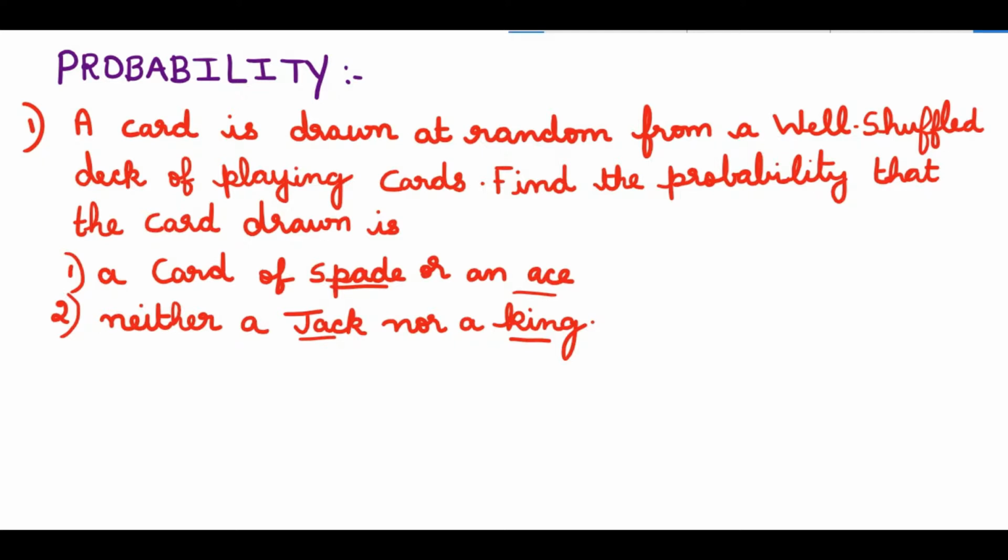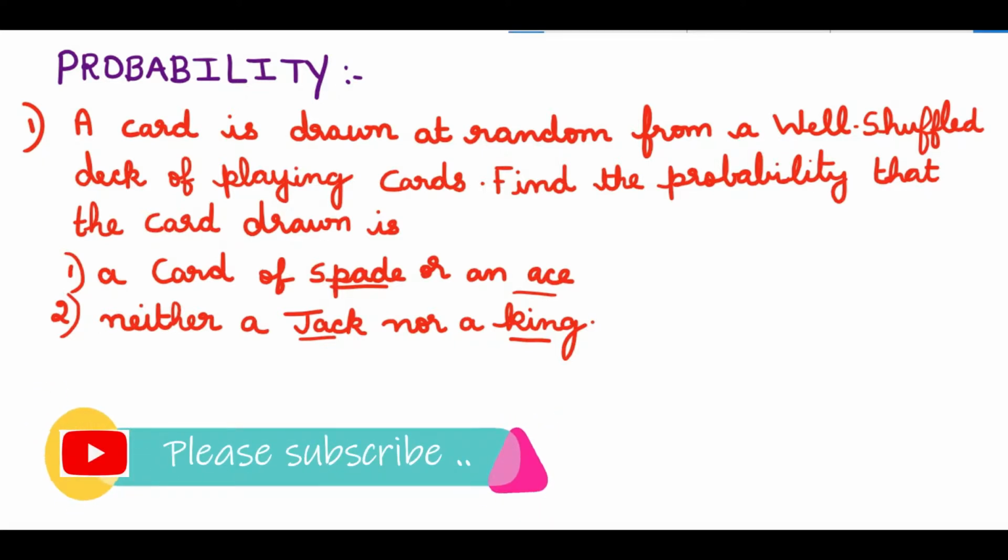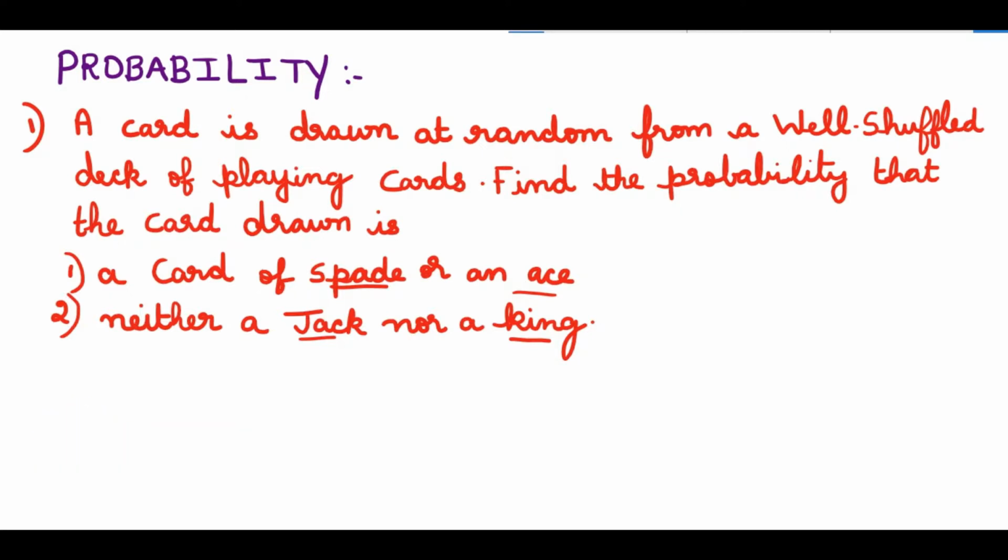So before solving this problem, I will briefly explain about these cards. In a deck of cards, the total number of cards is 52. Out of that, 26 are red in color and 26 are black in color.